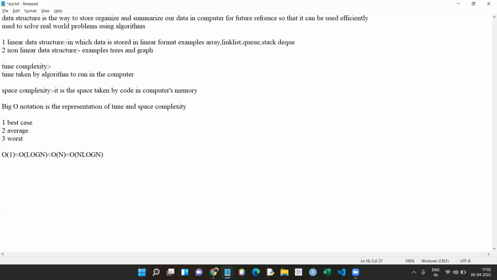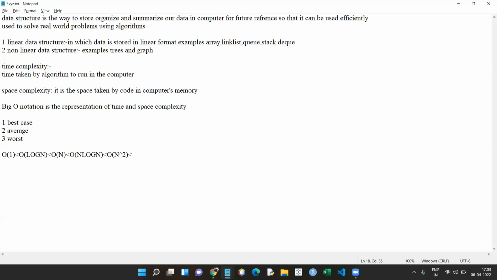Big O of n shows that it depends on the number of inputs. After that we have n raised to 2, that is big O of n square. That means if the input size is 5, then the time taken by the code is 25, because 5 square is 25.